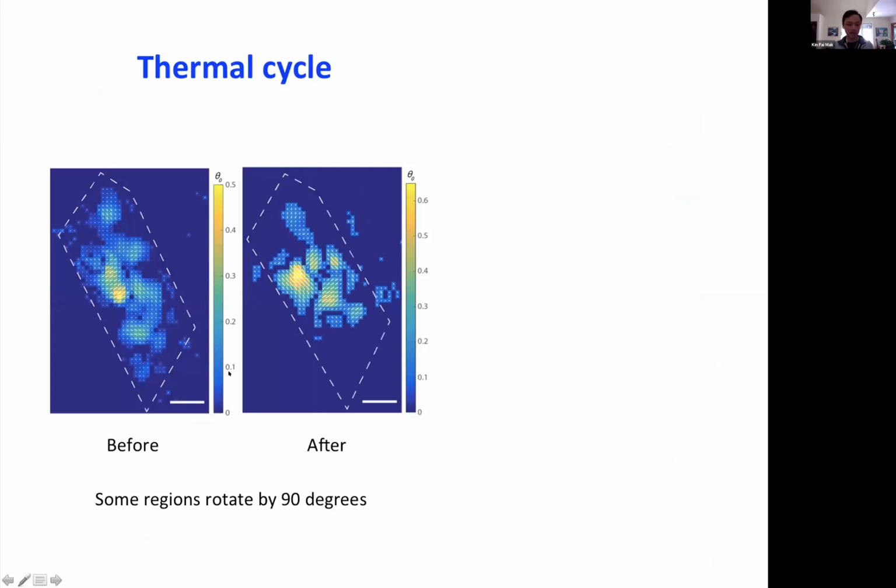And about thermal cycling, we can do measurements after each thermal cycle as well. This is the data I've shown you before. And after 1 thermal cycle, we just warm up and come back down, and it's still at a filling factor equal to 1/2. And you can see that the pattern has changed, and there are even some regions where the stripe major axis is rotated by as much as 90 degrees.